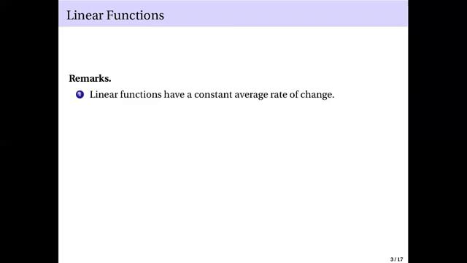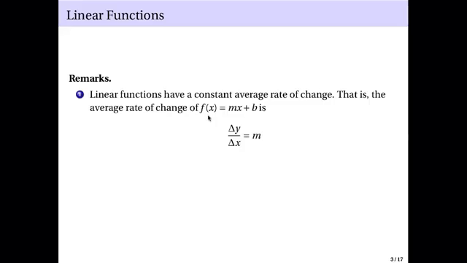If you are given a line, whatever 2 points you use, you calculate the slope, it remains constant. So the average rate of change of f of x equals mx plus b is just this m. And it can be calculated as the change of y over the change of x. And again, the y here is just your y equals f of x.